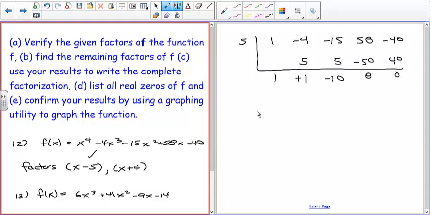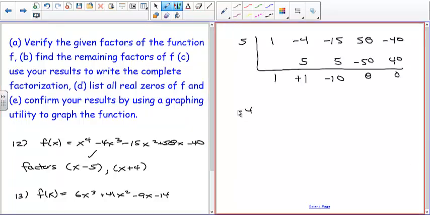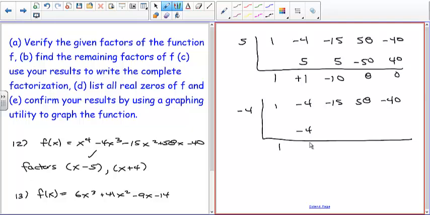Okay, do the same thing with negative 4, because the corresponding zero would be negative 4. Write these down. Okay, bring the 1 down. Negative 4 times 1 is negative 4. Add these together to get negative 8. Negative 4 times negative 8 is positive 32.